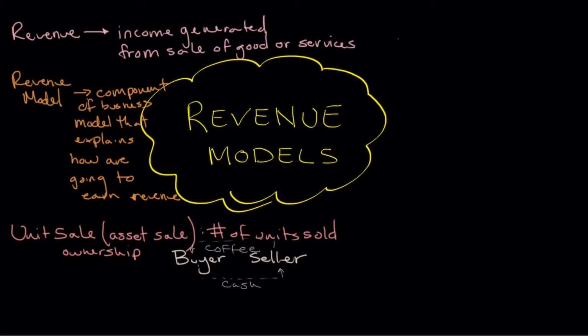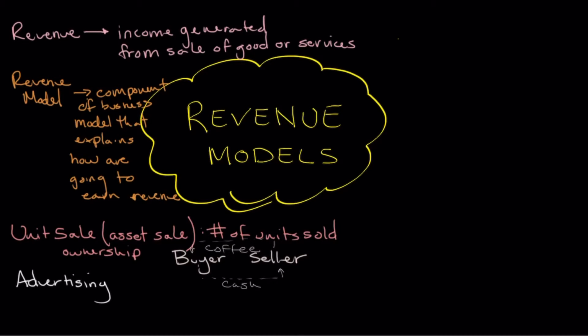So it can be digital products as well. If you were to purchase a digital download, that is a unit sale because you're acquiring ownership of it, although you have some restrictions. So this is probably the most common revenue model. It's very simple, it's been around forever, it's pretty tried and true, and it's something to definitely take a look at. Now, another revenue model that's been around for some time is called the advertising revenue model.